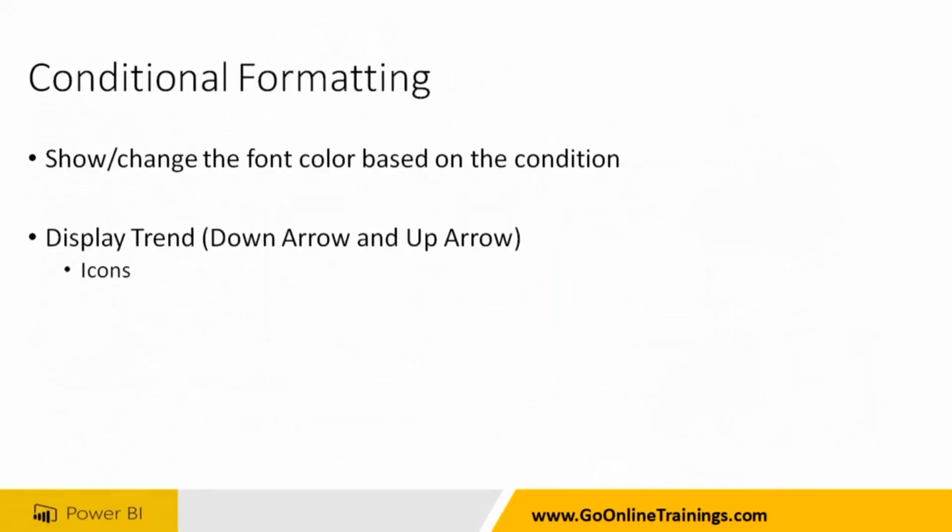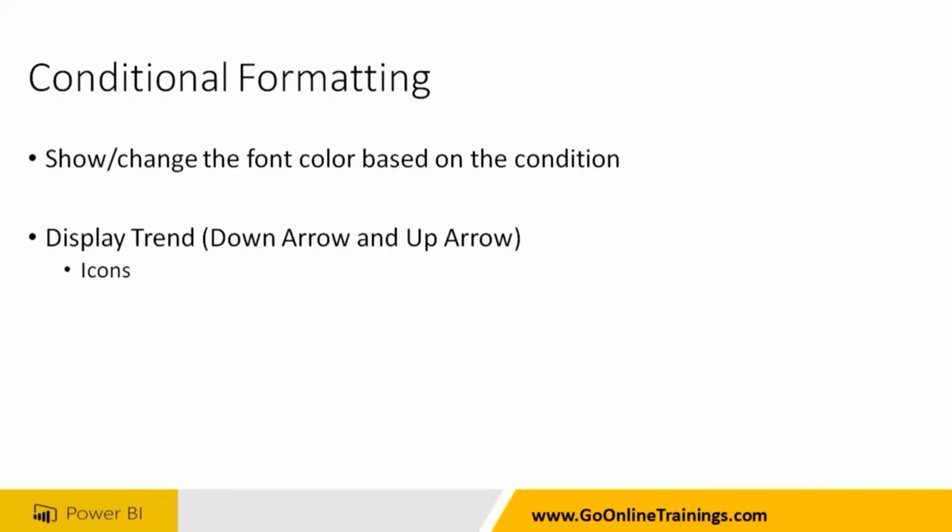Change the font color based on a condition. For example, I want to show that if the salary is greater than 20,000, show me in blue color. If the salary is less than 20,000, show me in red color.